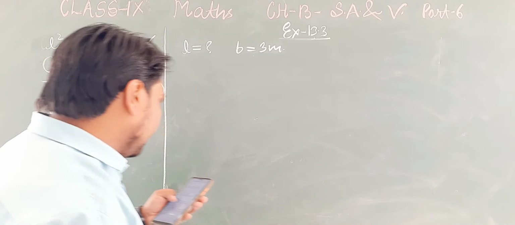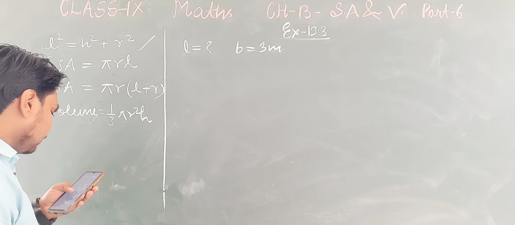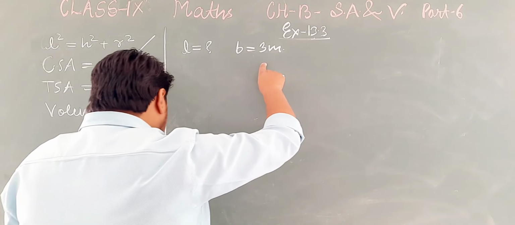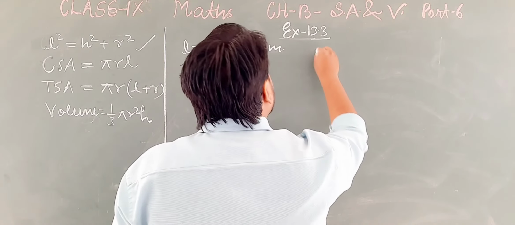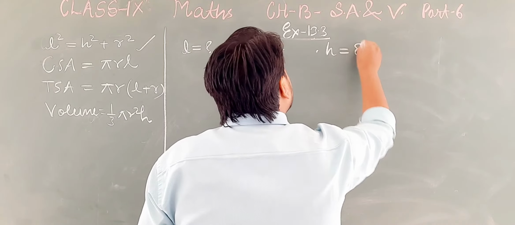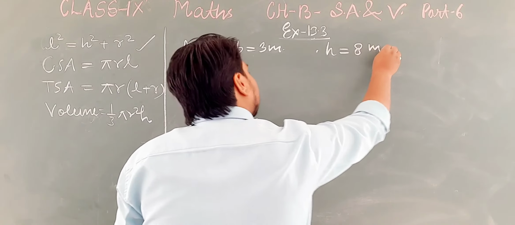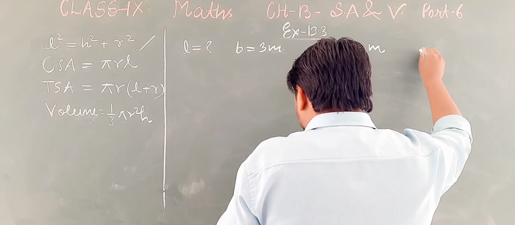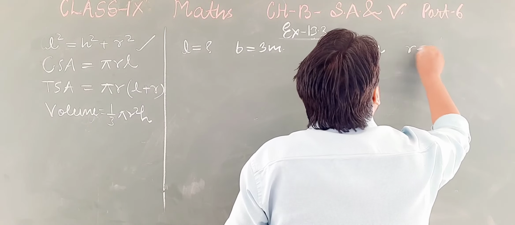So here, the cone made by this tarpaulin has a height of 8 meter and the radius of the base is 6 meter.